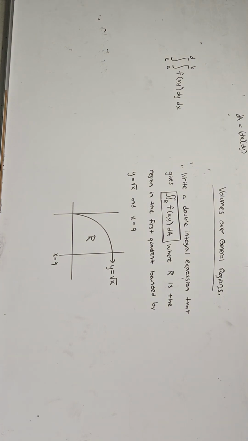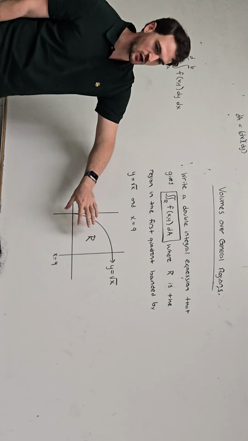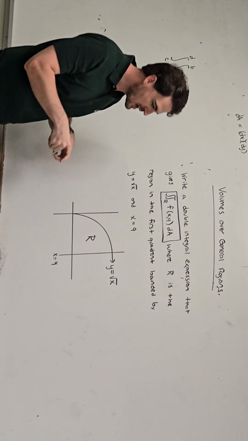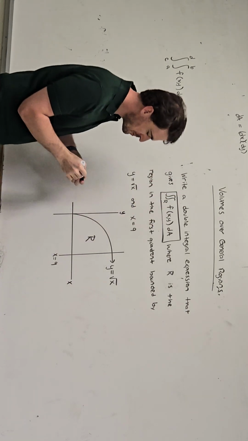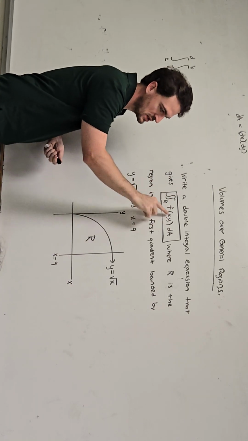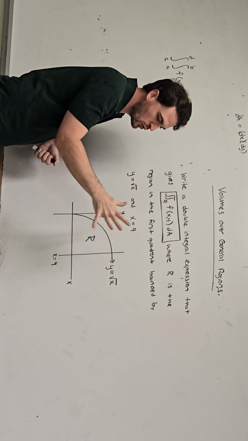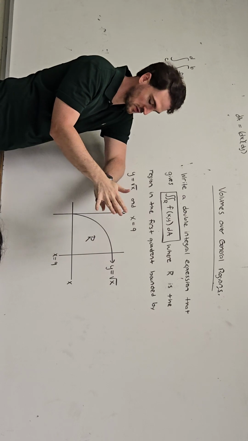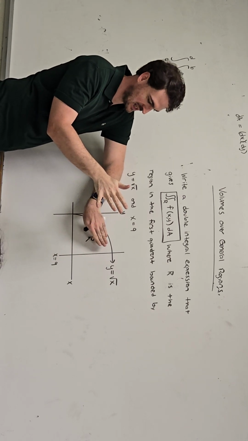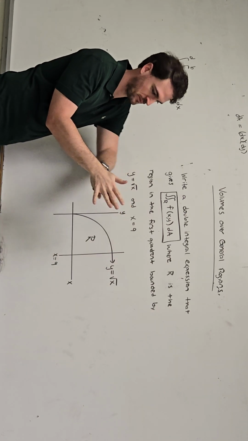So that is the region that I am integrating over. So we're looking down, this is our XY plane. And imagine there is some sort of surface floating over R. And we are going to find the volume between the XY plane and your surface.